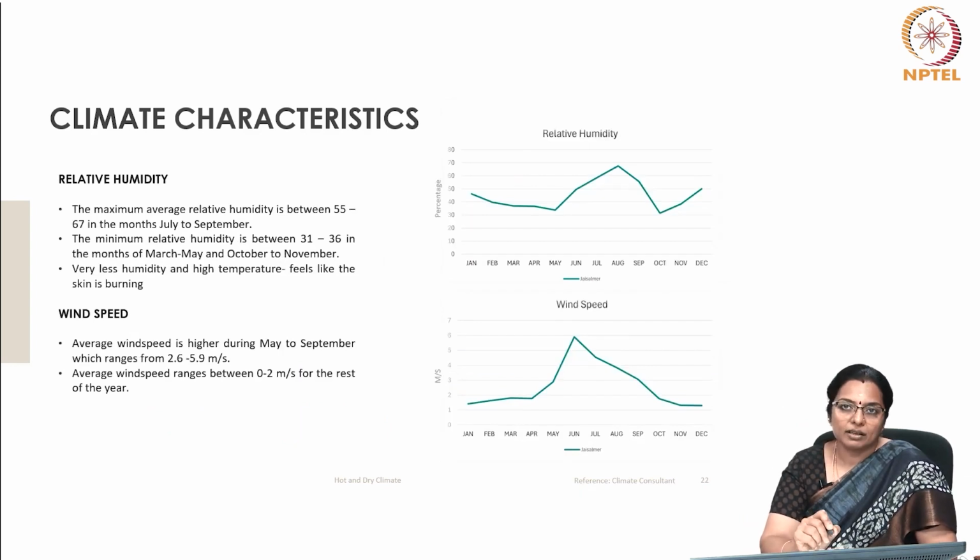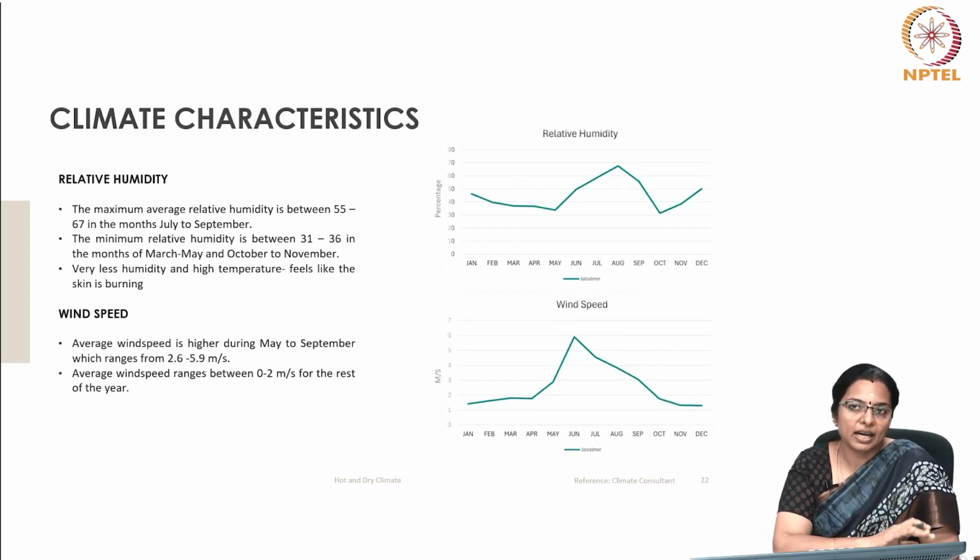If we look at the relative humidity, the maximum average relative humidity is between 55 to 67 in the months of July to September. The minimum relative humidity is between 31 to 36 in the months of March to May and October to November.